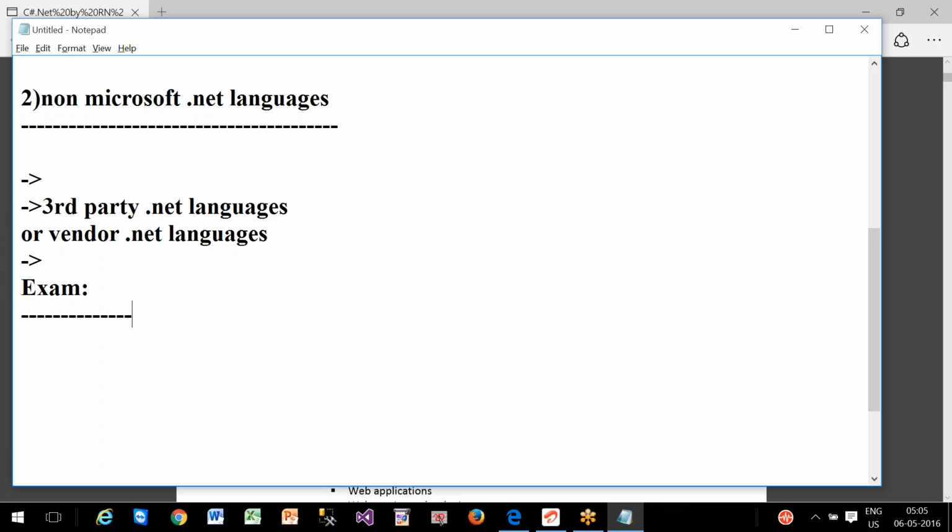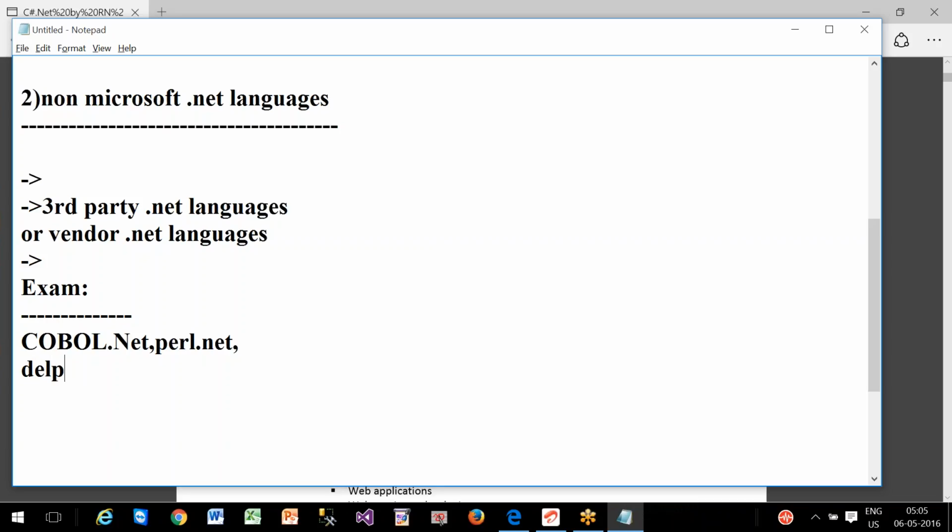Examples for these non-Microsoft .NET languages are COBOL.NET, Parallel.NET. There are so many. They were popular by then, though right now they do not exist much in the industry. But in the year 2000, COBOL was already very popular, so COBOL was converted to .NET as COBOL.NET, Parallel.NET, and Delphi.NET.